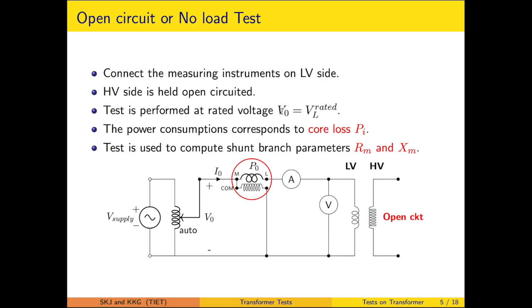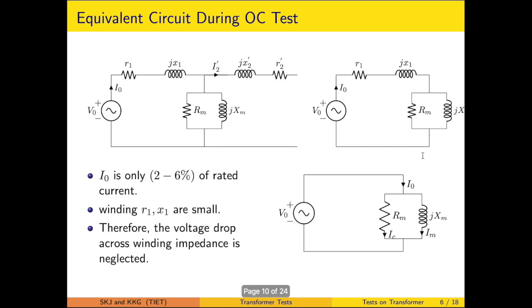This is carried out at the LV side rated voltage. This is the no load, so only the magnetizing, or no load, current is drawn. This no load current gives us the information about the core losses and the magnetizing branch parameters Rm and Xm. So we have to take care that the Rm and Xm which we will be evaluating pertain to the low voltage side.